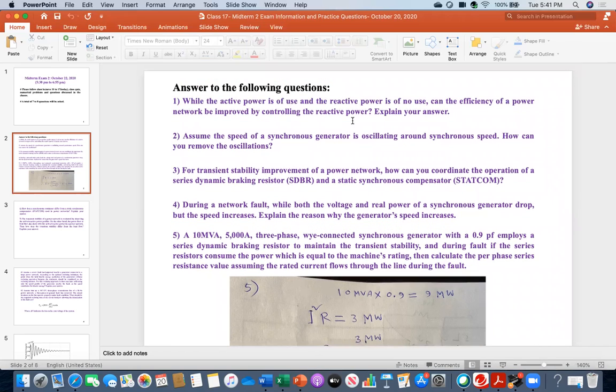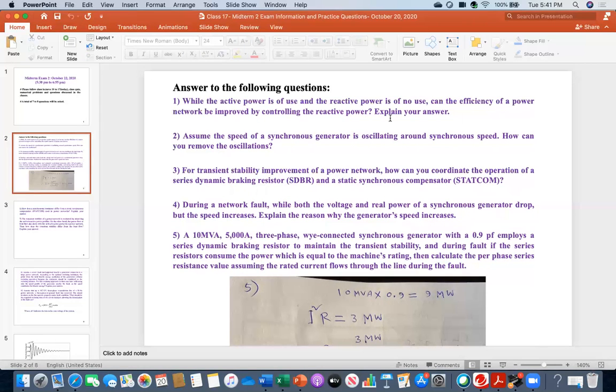Now this one, everybody see question number 1. Everybody tried to explain, but you explained it in a different way. Look at the efficiency. The basic definition of efficiency for any machine or inverter is output by input. But what is the input? Input is again output plus losses.